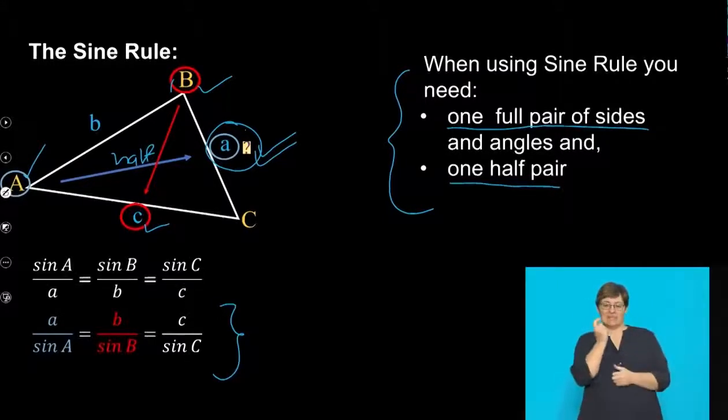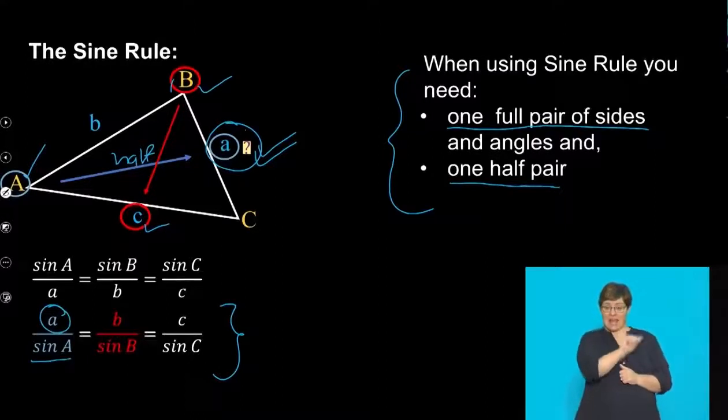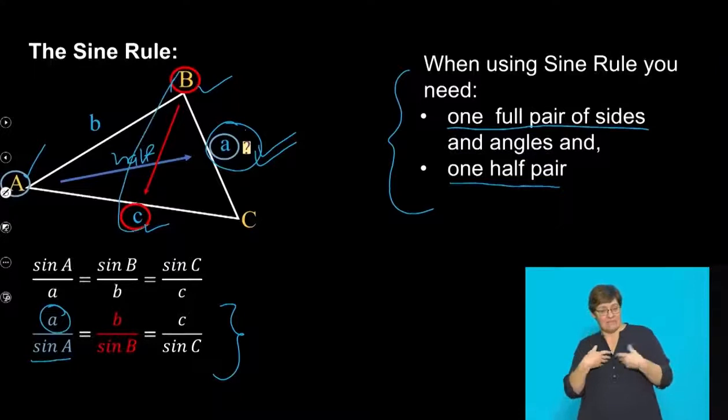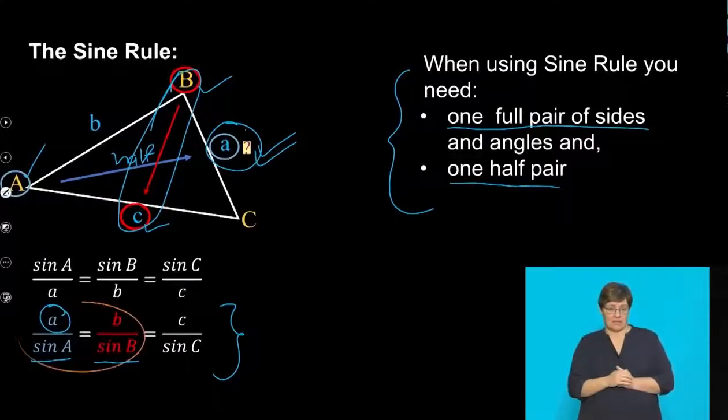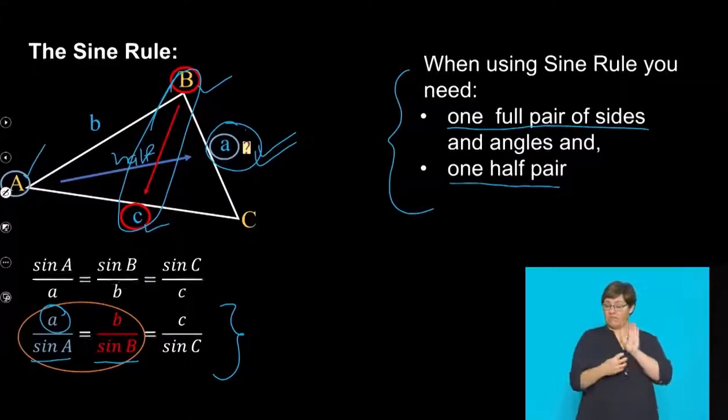So we're going to start off with a over sine A, and the other pair we're given is the full pair, which comes from this part of the equation, b over sine B. So if we want to solve for little a, we're going to use this piece of the sine rule.